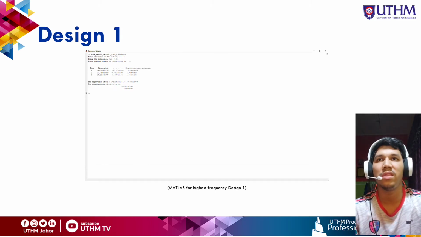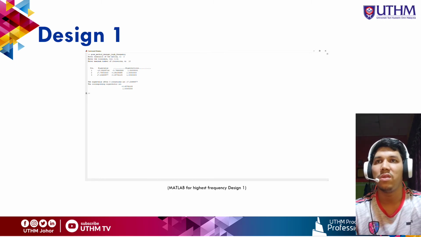Next is design 1 for the higher frequency. We do the same thing as for the lowest frequency: we just need to multiply M inverse with K, then multiply with X, which is negative 2.1 and 0.9.